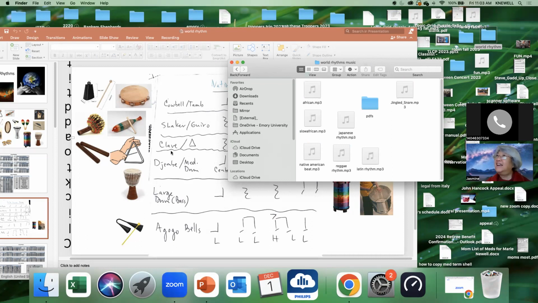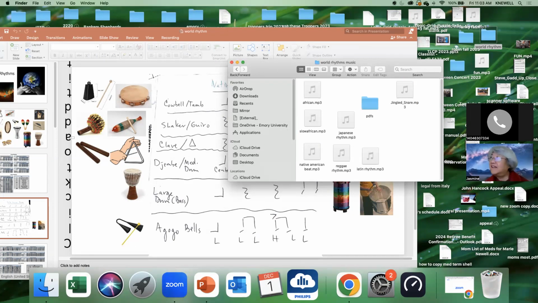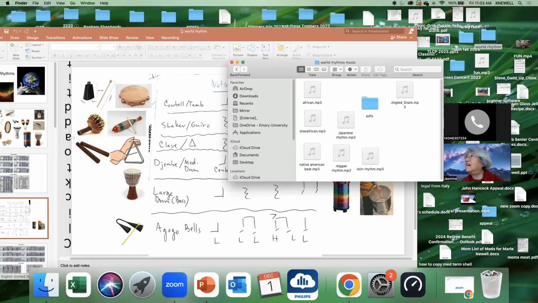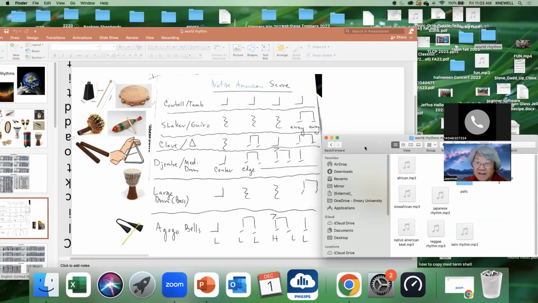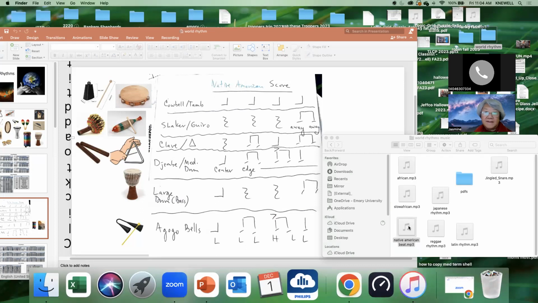Okay, so I've got my cowbell. Hopefully the screen is pointing at me. I can't see myself. I am going to play the cowbell part or the tambourine part, and you just clap along or play whatever you have. So here we go. It's loading up, takes a minute. There we go.